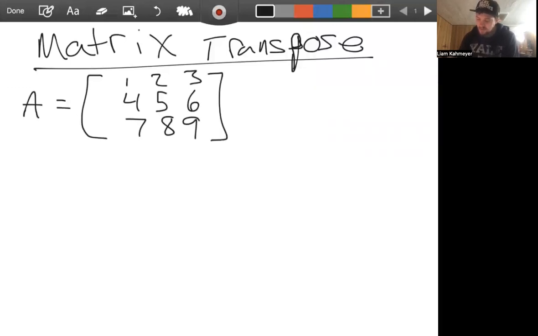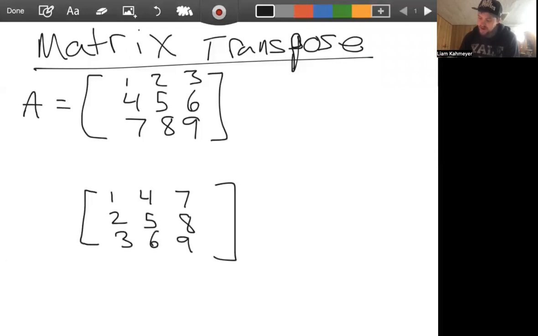And now what I'm going to do is construct a new matrix from this matrix A. I'm going to get 1, 4, 7, 2, 5, 8, 3, 6, 9. And now you can ask, what happened here?